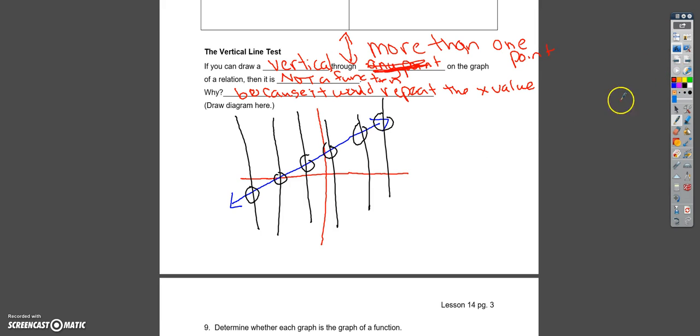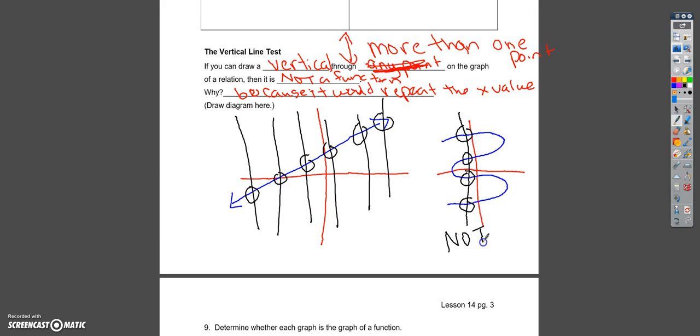As opposed to this function, in which if I draw a vertical line, see it crosses here, here, here, here, all of those are going to have the same x values. So this is not a function.